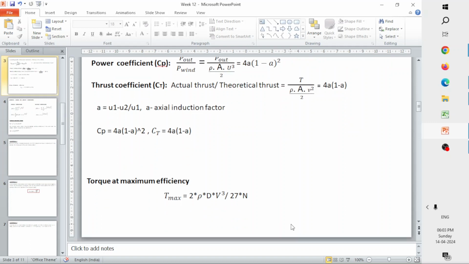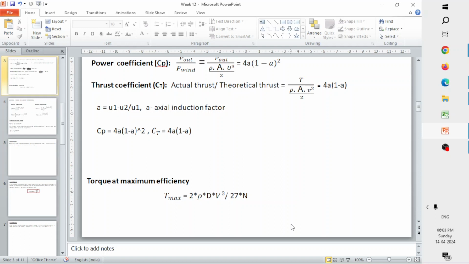Next we have a term which is the torque at the maximum efficiency. So you have a particular rotor rotating at a particular speed, and that speed delivers the maximum power.